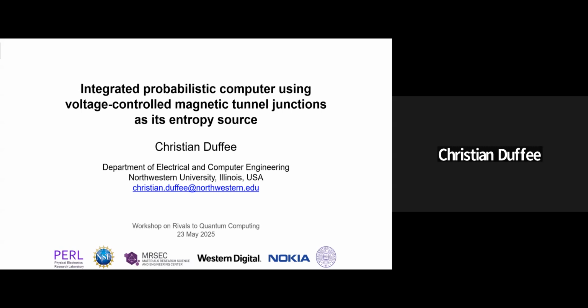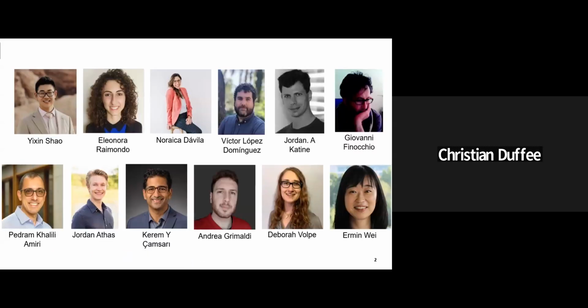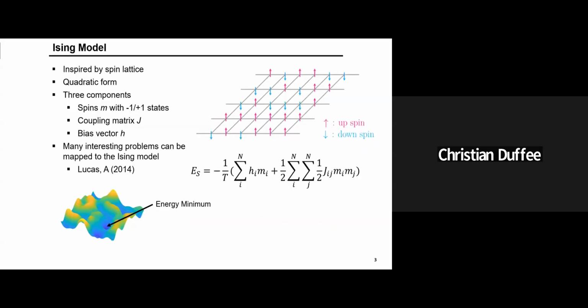Thank you. I'd like to present some of the work we've been doing at Northwestern with some of our great collaborators around the world. To touch briefly on the Ising model, as I've been corrected, it's meant to represent a spin lattice traditionally. It has this quadratic form, as you can see on the right.